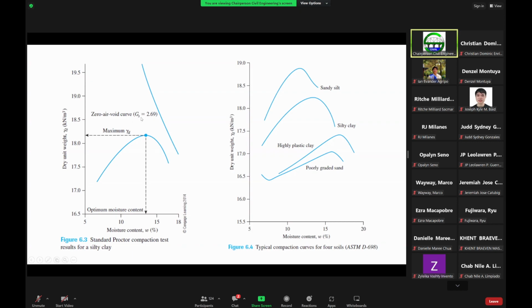Otherwise, if your plot goes to the right of the zero air void curve, then there's an error in the conduct of your test in the lab, and you will have to repeat the test.